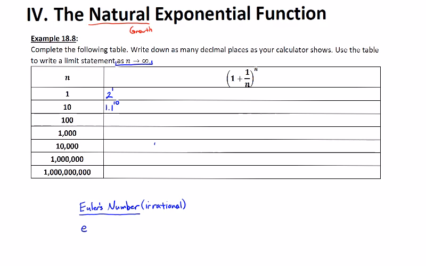At any point during the video, if you want to pause and do these calculations for yourself, I encourage you to do so and see exactly where these values are coming from by plugging the appropriate value of n into the expression. Now let's go on to 100. If I plug in 100, I'm going to end up with 1.01 raised to the 100. If I were to plug in 1,000, I would have 1.001 raised to the 1,000.